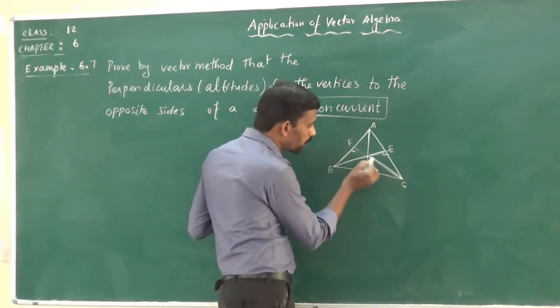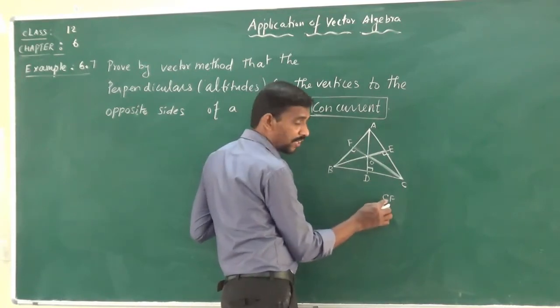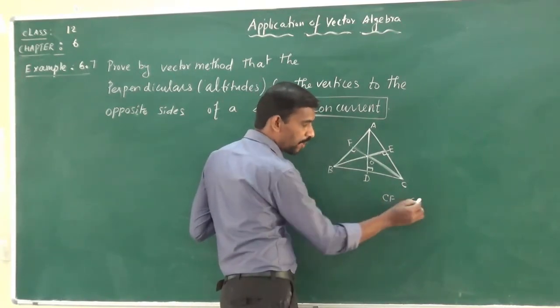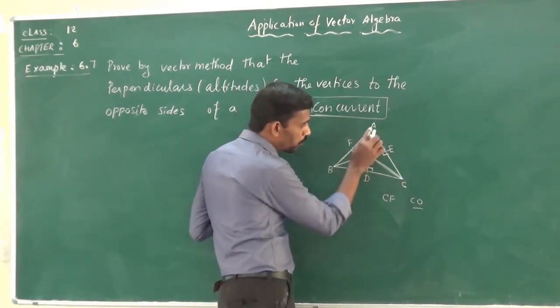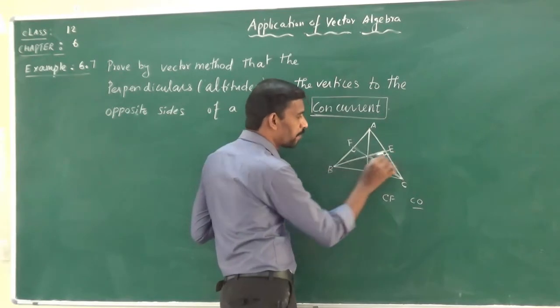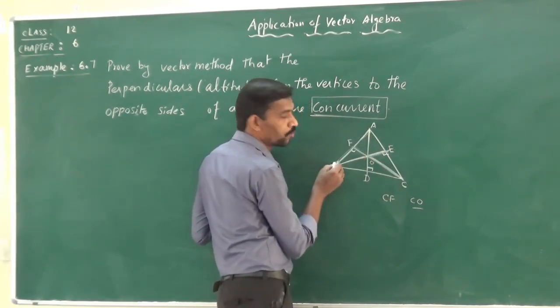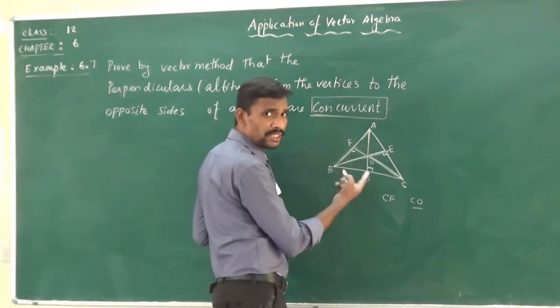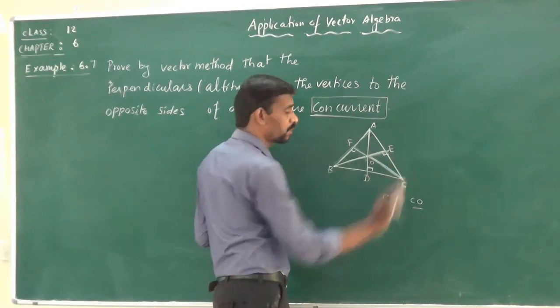Now I am taking CO, which is extended up to CF. So instead of CF, I am going to represent CO or OC. So now using the relation AD and BE, I am going to prove CF is perpendicular to AB. That means they are altitudes, and hence the concept is over.